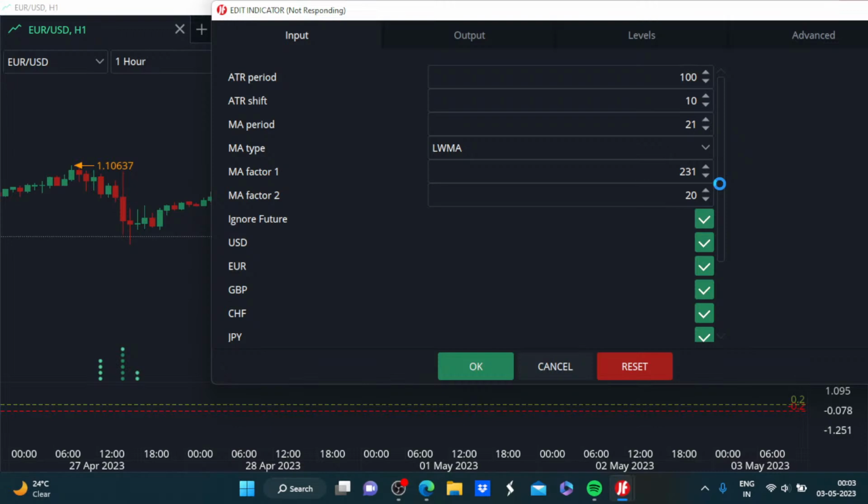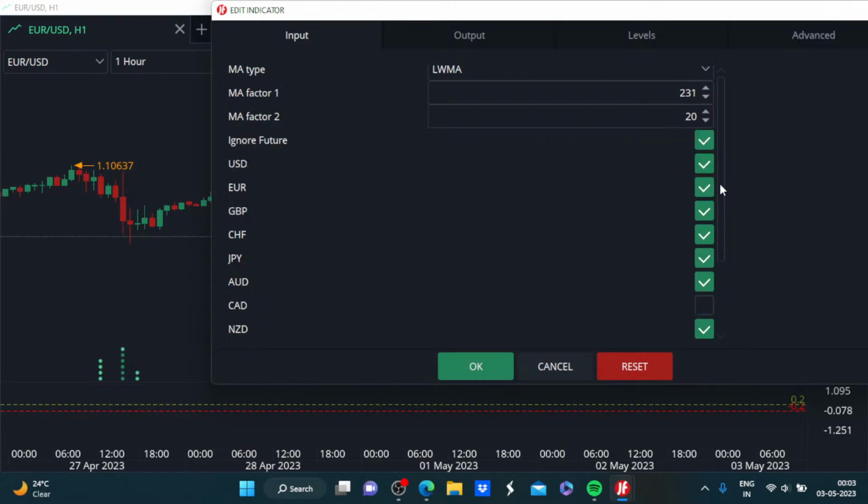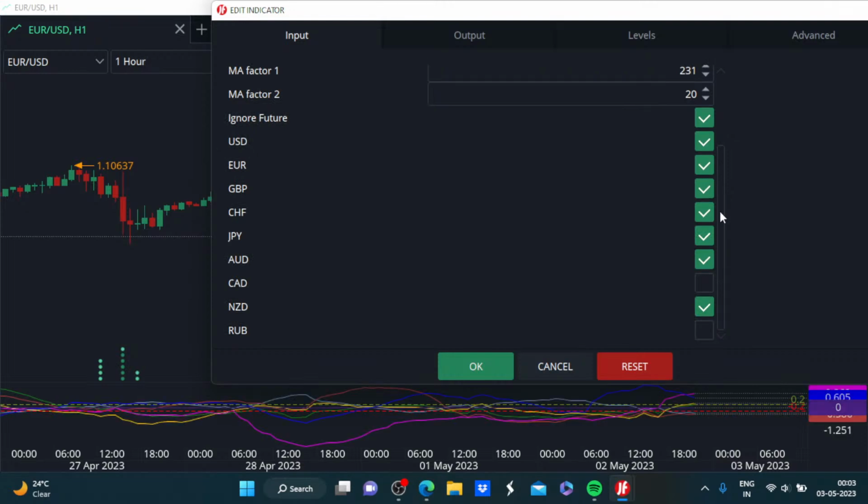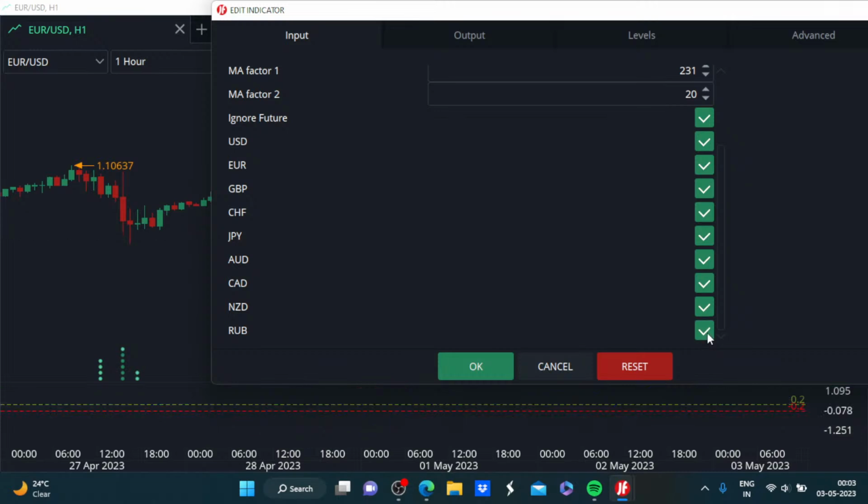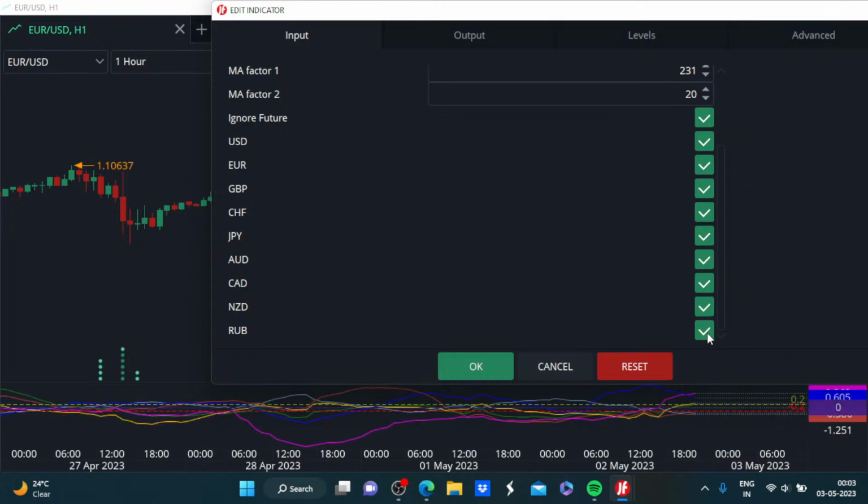So we can then go for a trade in the currency of strongest trend. If you are going for a short sale trade, then of course you would like to go for a currency which is most bearish. And if you are going for a buy trade, then you would like to buy a currency which is most bullish.